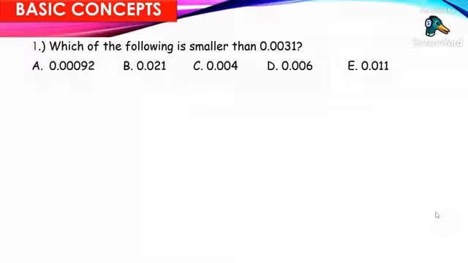Okay, okay. The question po is, which of the following is smaller or lesser than 0.0031? Smaller or lesser than 0.0031. So that is letter A, 0.00092. Sa decimal po, hindi po porket marami sila, ay mas malaki po yung value. So we're going to compare each place value.